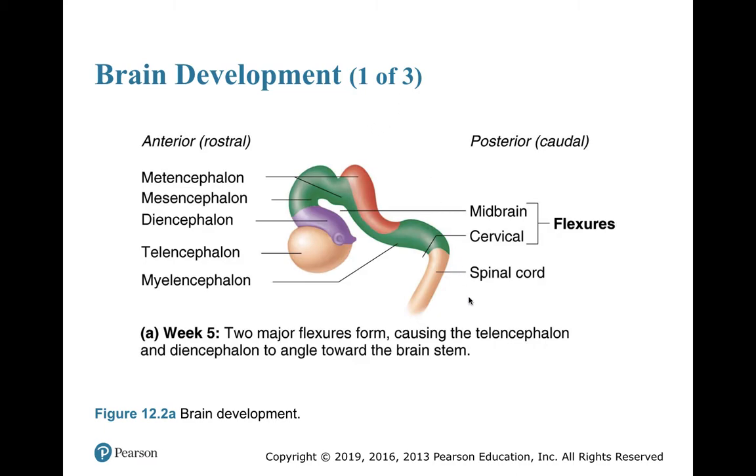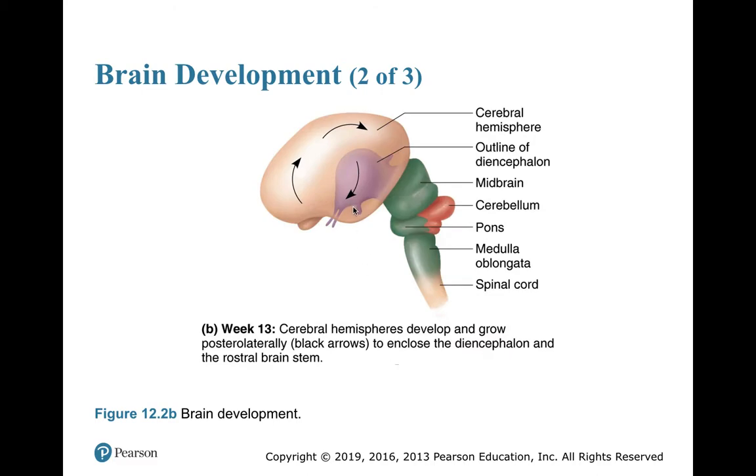And by week 5, we have 2 major flexures, the telencephalon and diencephalon angled towards the brainstem. This is going to continue to grow up and over, as you see here, giving us our cerebral hemispheres. And now by week 13, we start to see a structure that looks similar to the adult brain.